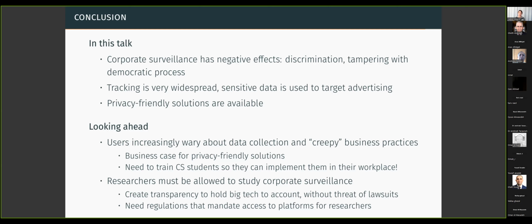So it's really important that researchers continue to be allowed to study these corporate surveillance phenomena. To ensure that they indeed are allowed, maybe it's the case that we need more regulations in some form that mandate platforms, they have to be open to be researched. So with these words, I'm concluding my talk and look forward to your questions.